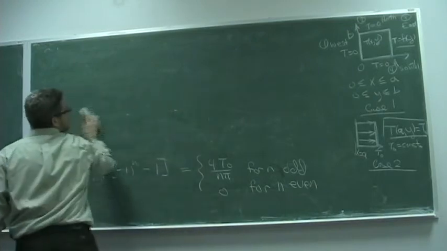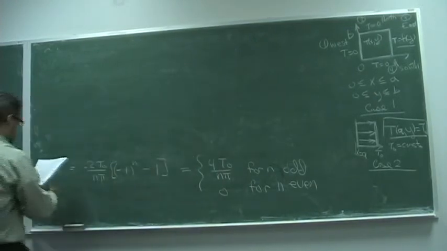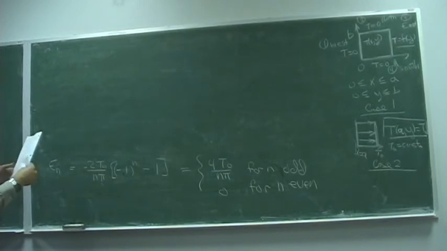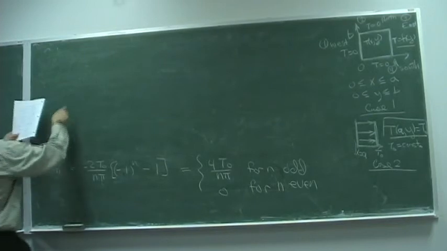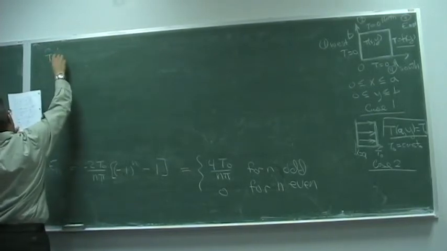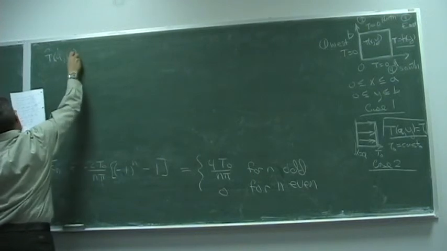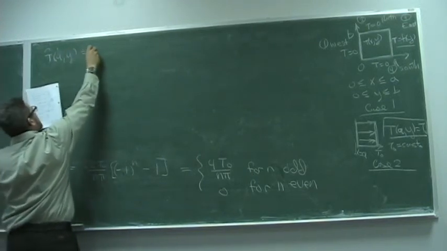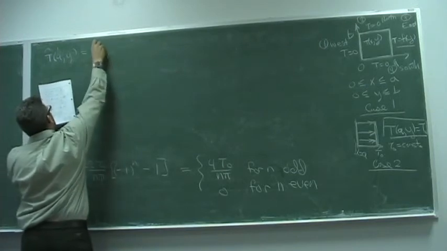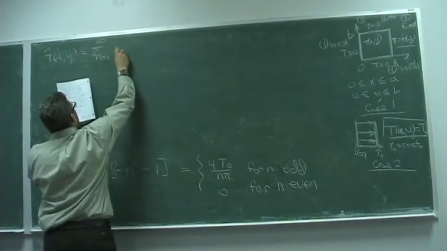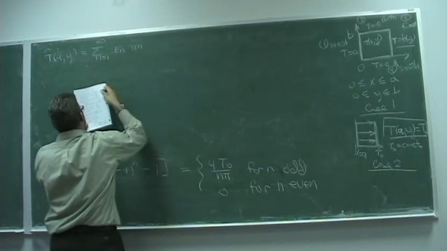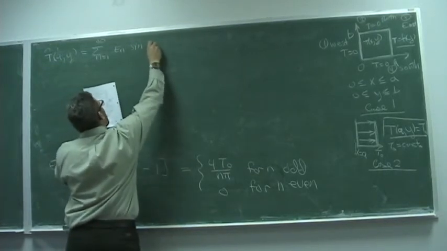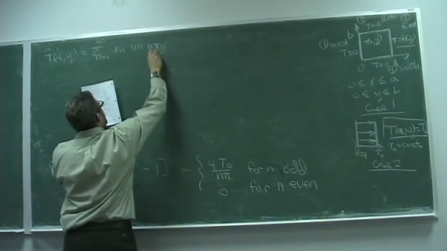Go ahead and write out our general solution for this case. So now we've got, remember before we had T of x and y equal to, I'm putting this back up, summation n equals 1 to infinity of this e sub n, that we were trying to solve for, sine n pi y over b.